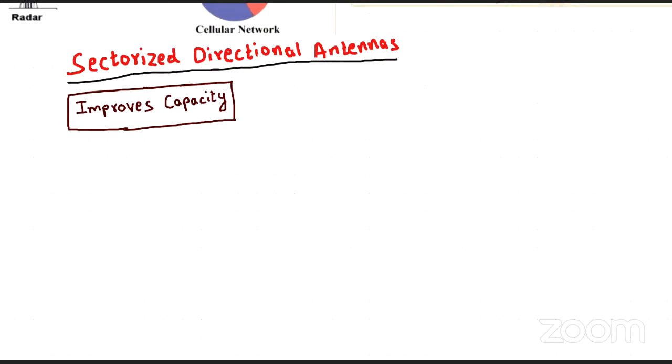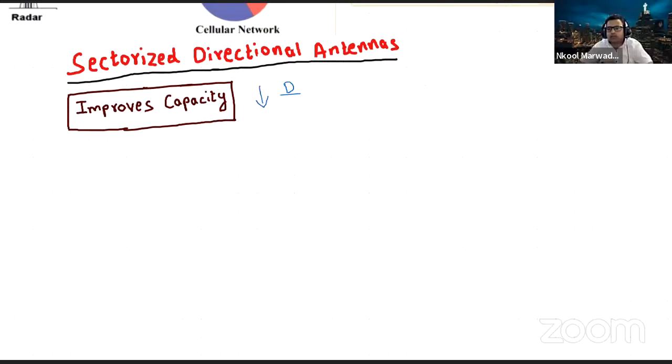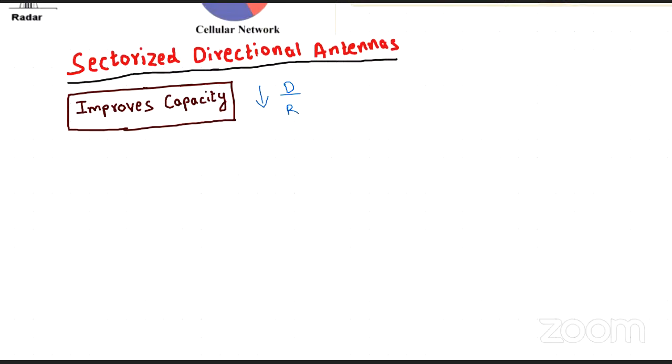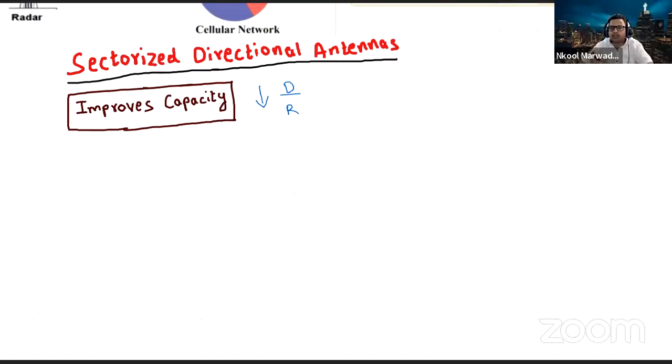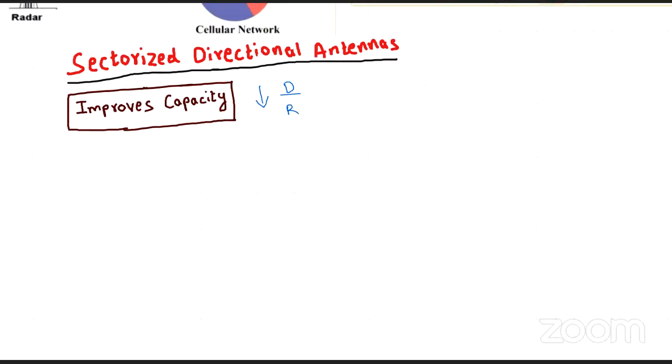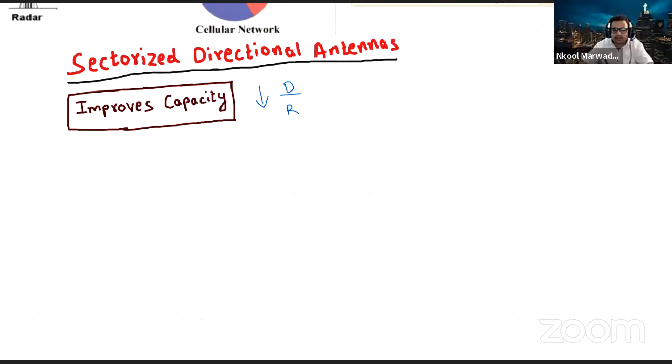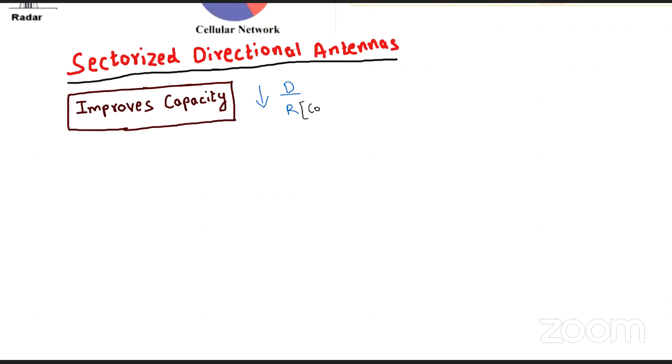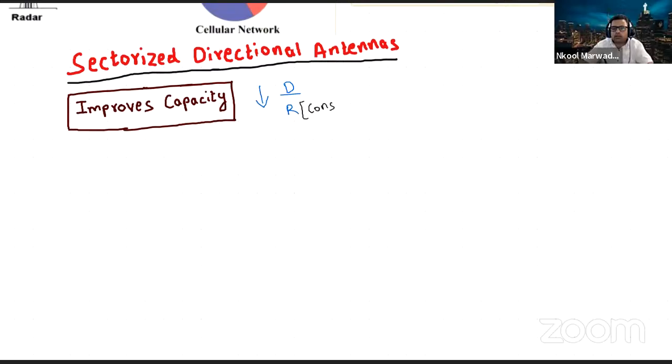D by R is the reuse ratio, wherein D is the distance between two co-channels and capital R is the radius of the hexagon. When we do cell sectoring, we don't do anything with the radius. The radius has to be constant.